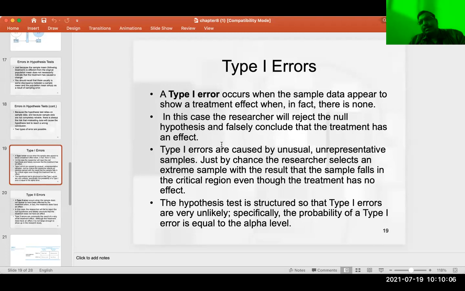Actually, there is no change, but if this kind of error happens, the null hypothesis is rejected and we accept the alternative hypothesis. Why is that caused? It is caused by unusual, unrepresentative samples. They do not represent the population.